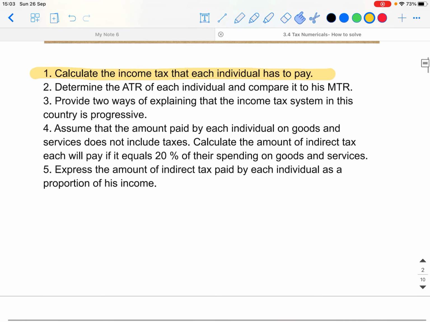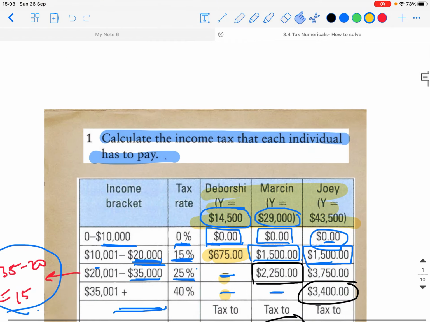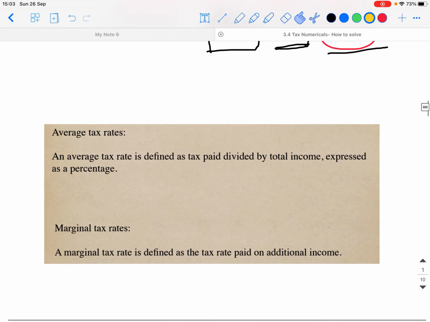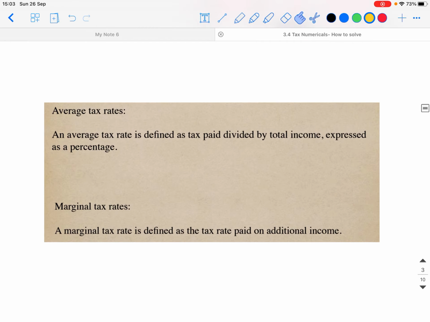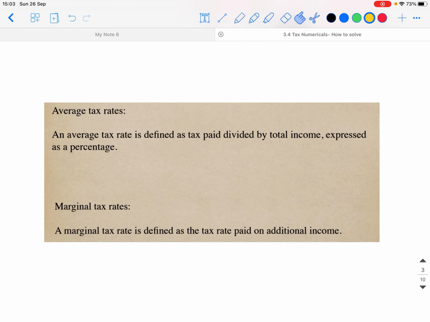The next question was: determine the average tax rate of each individual and compare it to his marginal tax rate. So now let's look into these two terms, average tax rate and marginal tax rate. Average tax rate is defined as tax paid divided by total income, expressed as a percentage.